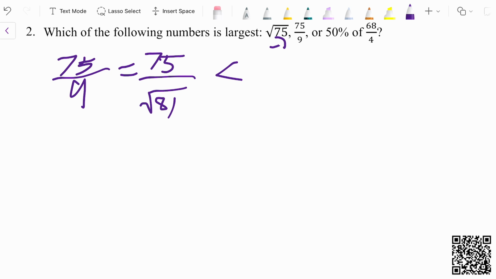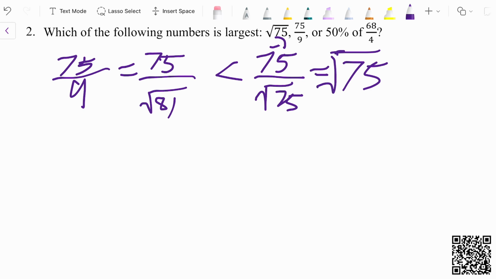Since the square root of 75 is less than the square root of 81, it's divided by less. So that means that the square root of 75 is greater than 75 over 9, because division. So 75 over 9 is now officially out of the competition.